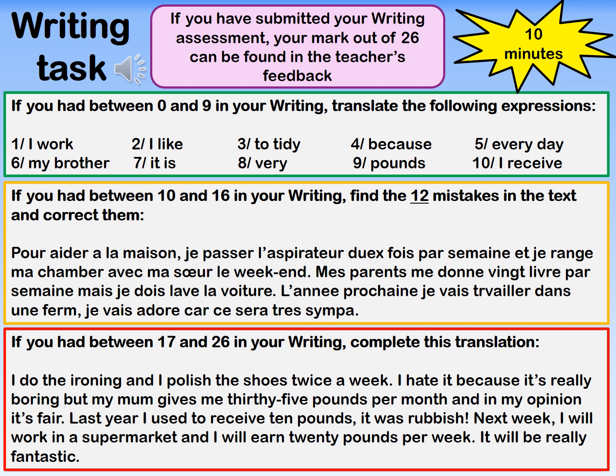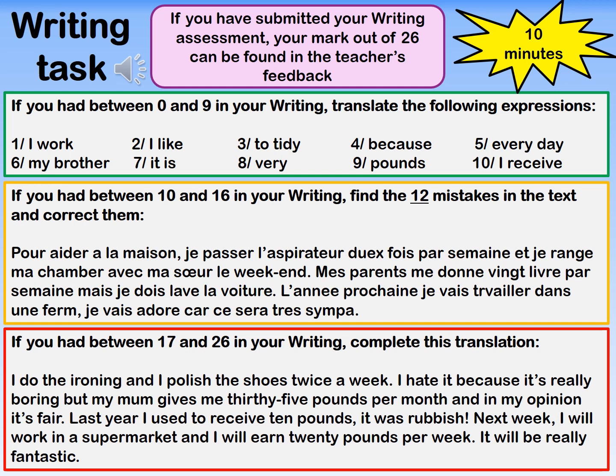And the mark is on the first line of my feedback. So find the feedback. If you did not submit a writing task, then your mark is 0. Your only task for today is for you to look now at what you got for your writing assessment.